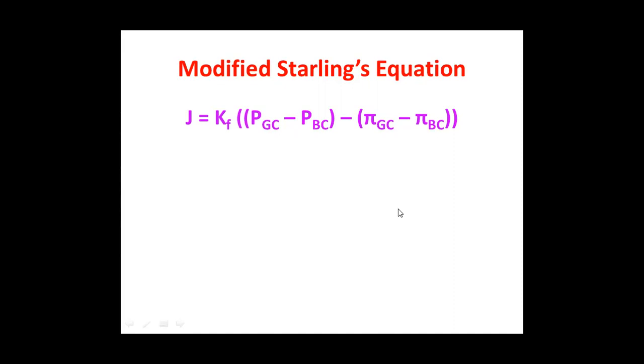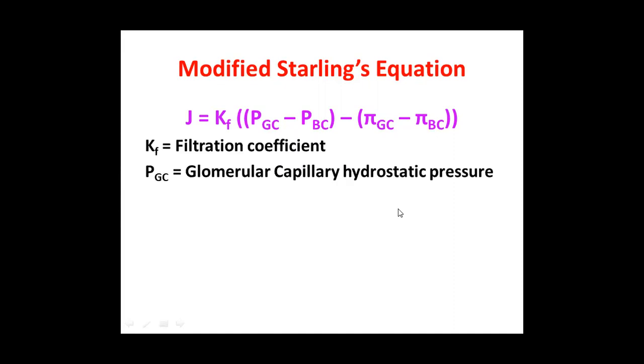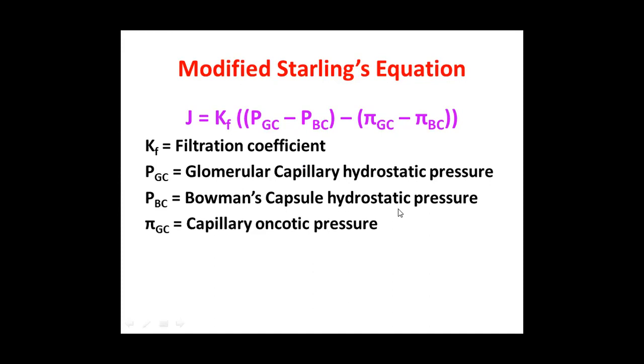Right? So Kf is the filtration coefficient, PGC is the glomerular capillary hydrostatic pressure, PBC is the Bowman's capsule hydrostatic pressure, pi GC is the capillary oncotic pressure, and pi BC is the Bowman's capsule oncotic pressure. Now, truly speaking, as proteins are not passing through the filtration barrier, there is hardly any protein present in the Bowman's capsule.